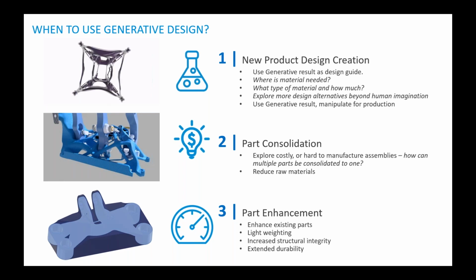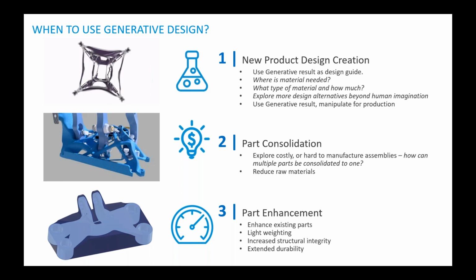Or maybe they're taking a number of different parts and seeing whether they can consolidate them. Through part consolidation, there are fewer parts to deal with and fewer vendors to potentially deal with. Maybe it shortens assembly time as well.